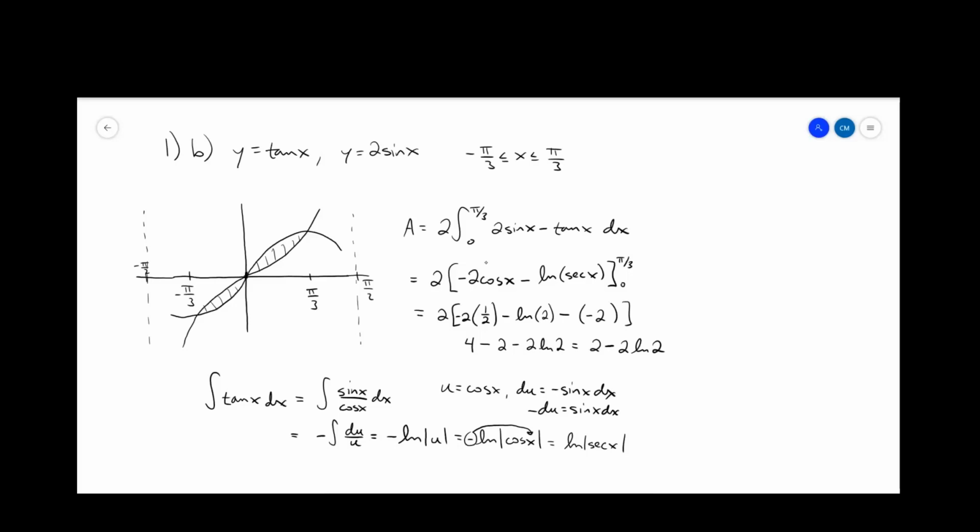The 4 has a problem? Oh no, never mind. That works. 2 minus 2 ln 2 is not a negative number, so that works. I think that's right. So this is our answer. I forgot the ln 2 is a number that's less than 1, so that works. So unless anybody does see a mistake there, I think that's correct.